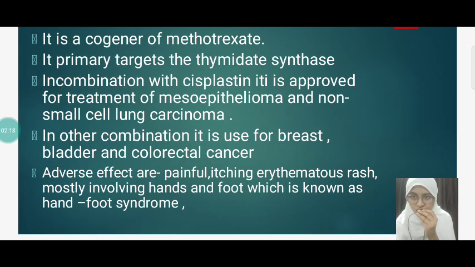In other combinations, it is used for breast, bladder, colorectal cancer. Its adverse effects are painful, itching, erythematous rash, mostly involving hand and foot, which is known as hand-foot syndrome.